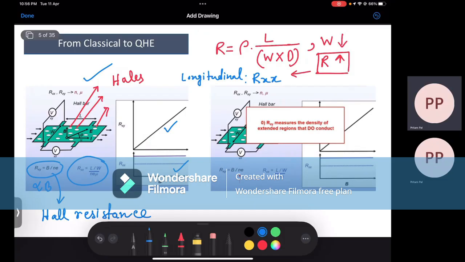But notice one thing: the Hall resistance, which is basically RXY, has not changed.